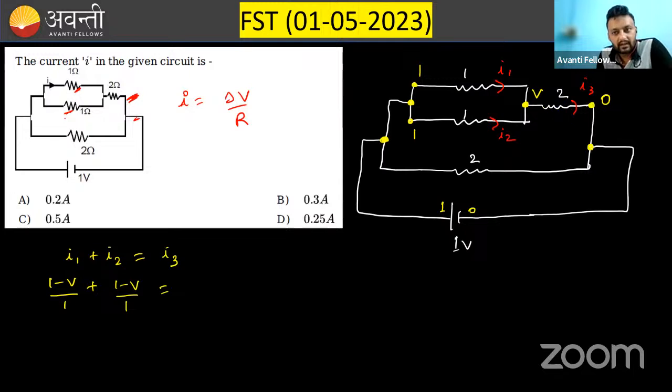What is I3? Current is flowing in this direction, so the potential difference is V minus 0, V minus 0 divided by 2. Clear?